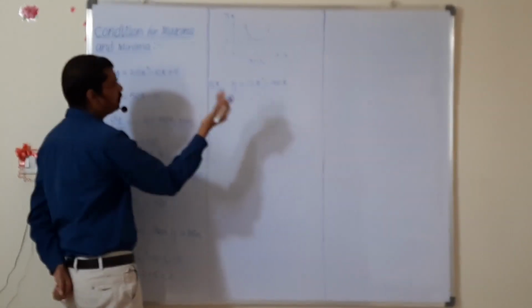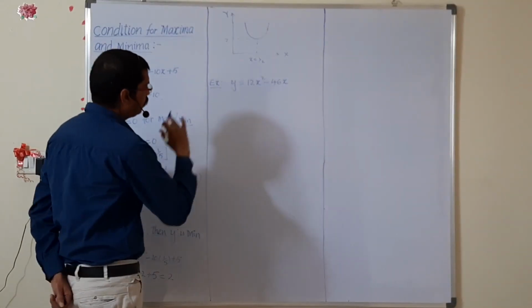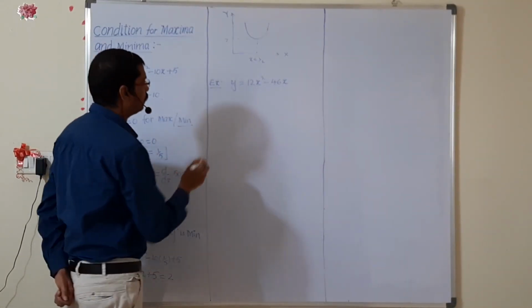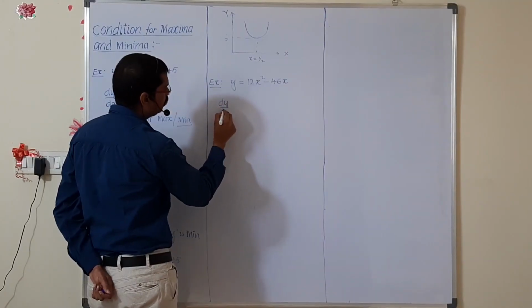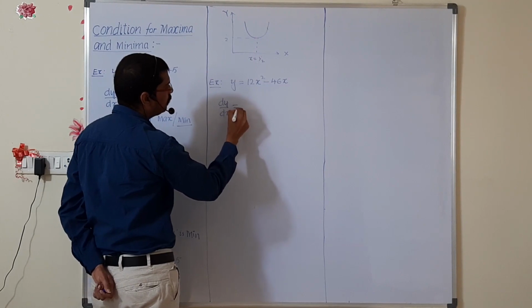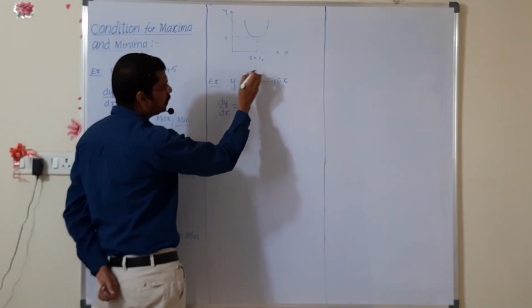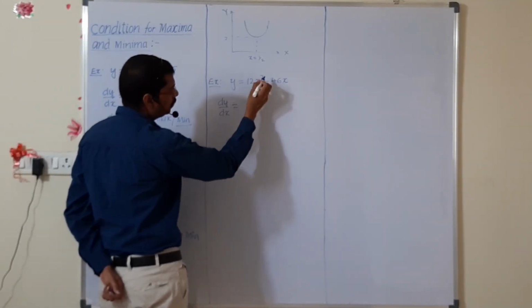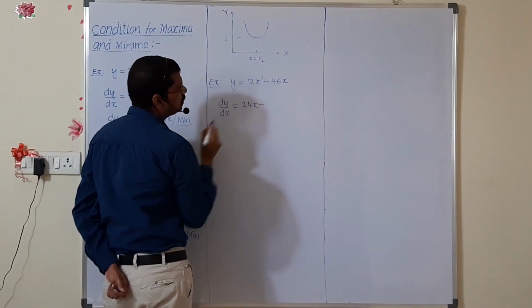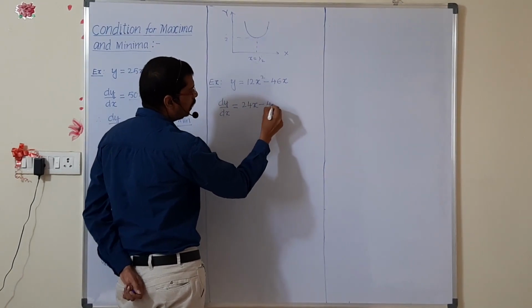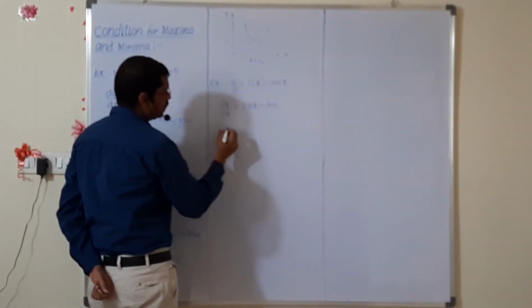In this equation, we don't know whether it is a maximum or minimum. We have to find out which. Now the first condition, dy upon dx. What is that? This value is 24x minus 46.